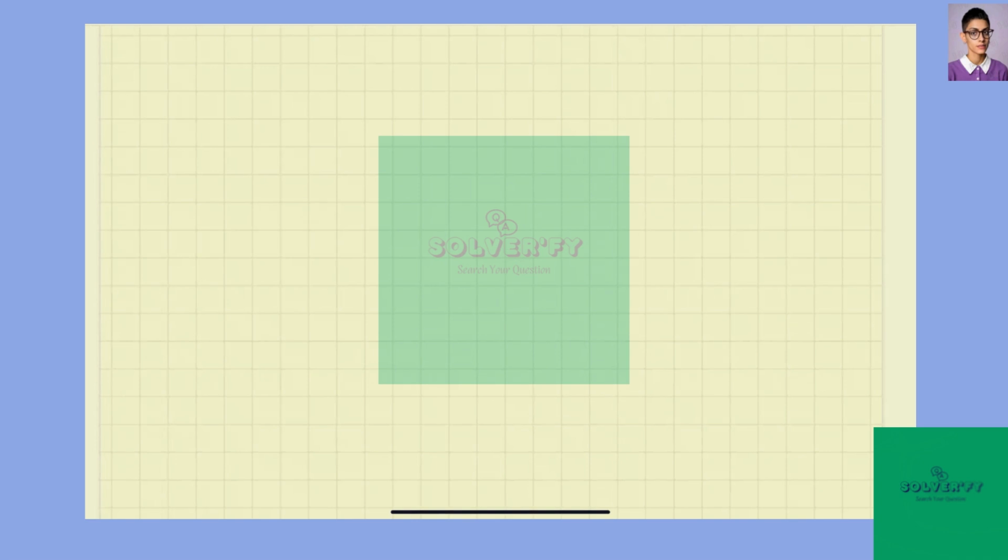A, we need to find the pH of this buffer solution. And for B, we need to know how many grams of KOH must be added to 0.5 liters of the buffer to change the pH by 0.15 units. So in this problem, we are given this information.